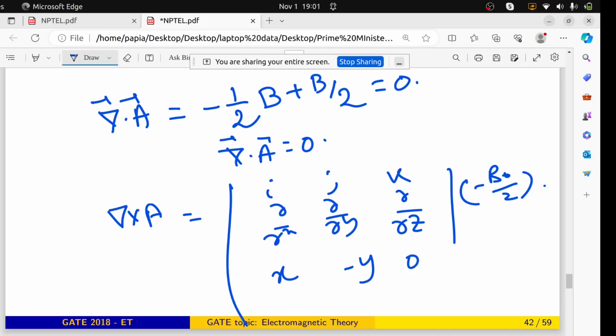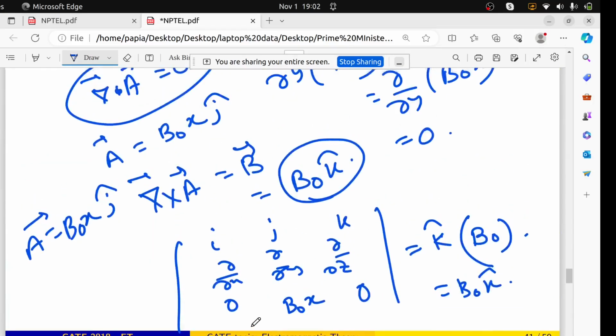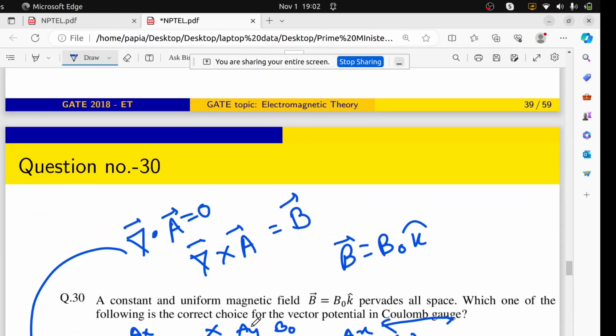So what will be the value? 0 0 0 0 0. Okay, so that means it is giving 0. So curl of A, which is B, that is giving us 0. But in our question, curl of A, which is B, should not be 0. The value of B should be b0 k cap. That means D is not the correct one. So as a whole we can conclude that C is the correct one.